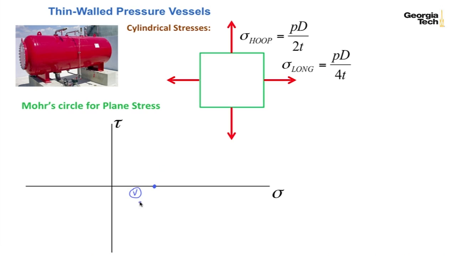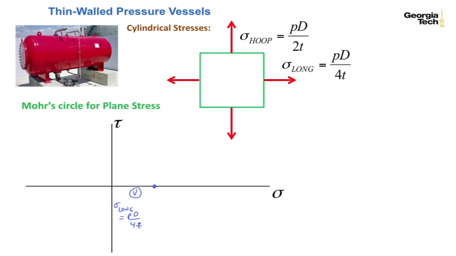And again, if you don't remember how to do Mohr's circle, refer back to my first course, Part 1 in Mechanics of Materials. And that's going to be equal to sigma long equals PD over 4t.